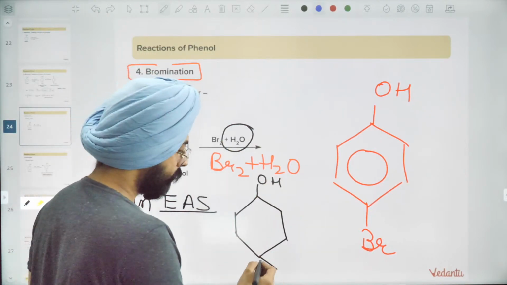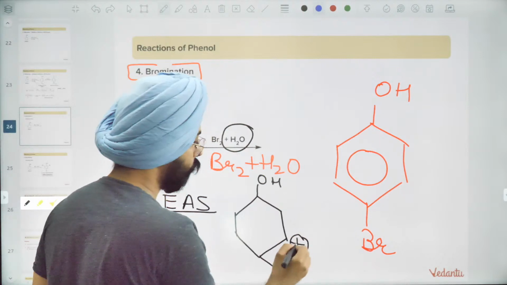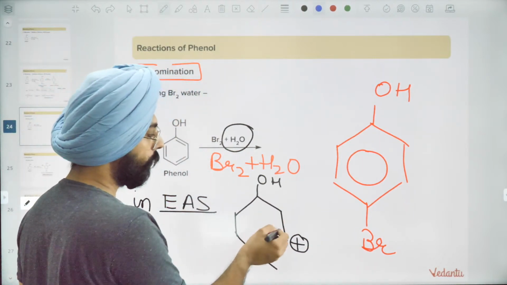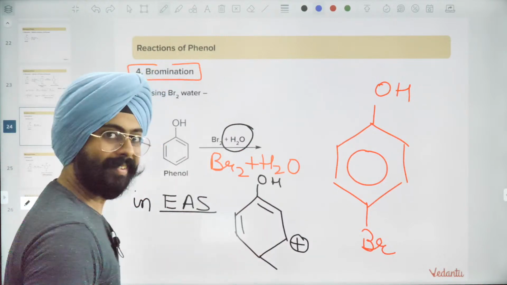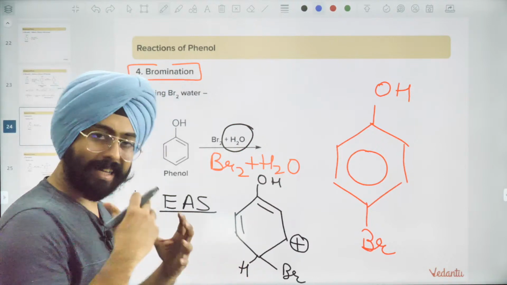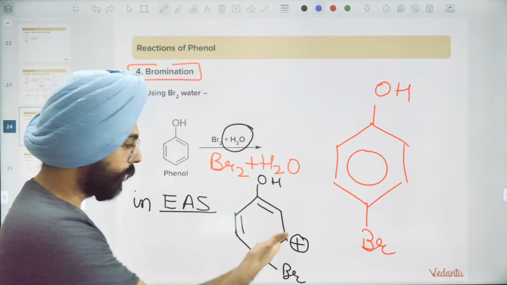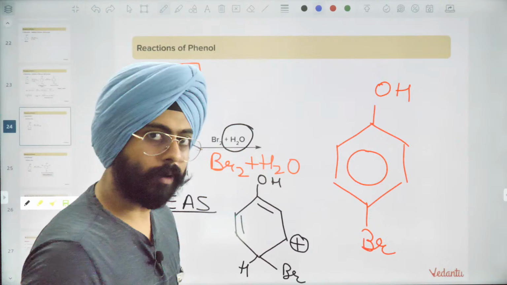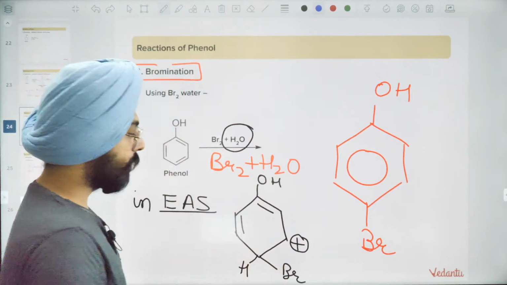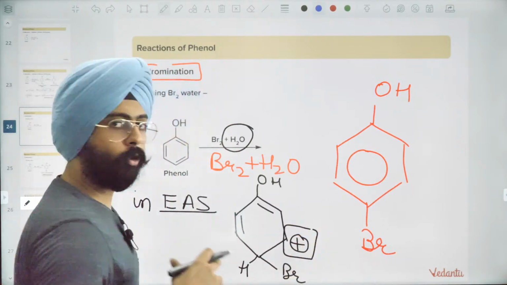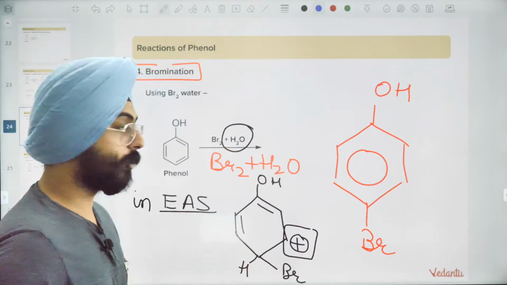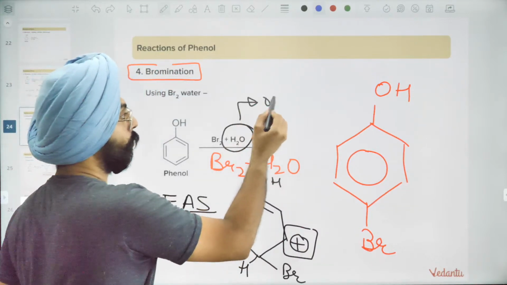Do you realize that there will be a carbocation formation? ये याद है आपको? Do you remember the carbocation formation? So यहाँ पे bromine भी होगा, hydrogen भी होगा, and then when you remove the hydrogen, this turns into a double bond. So this is the intermediate that you have in electrophilic aromatic substitution. It is essentially a carbocation. Now do you realize that this carbocation is very well stabilized by the presence of a polar protic solvent?